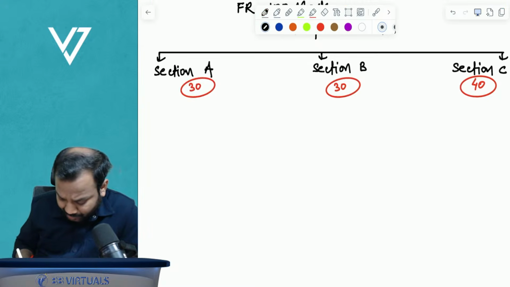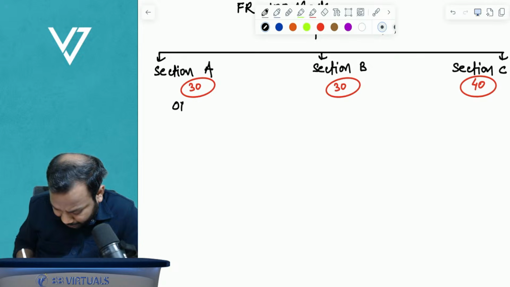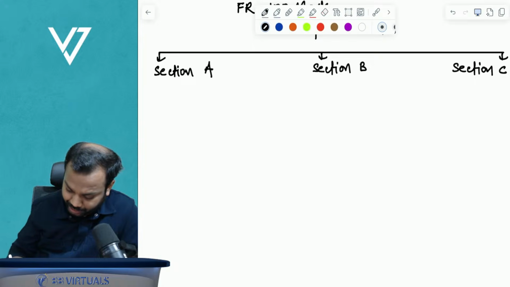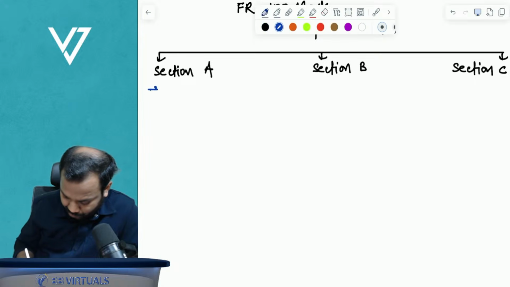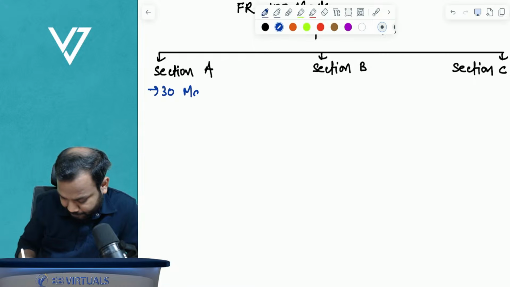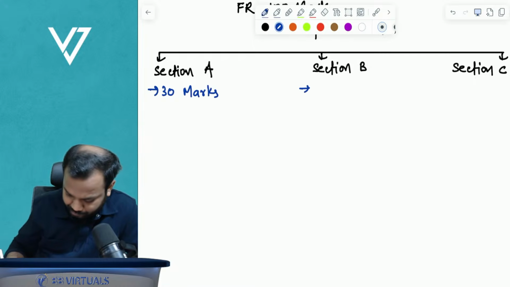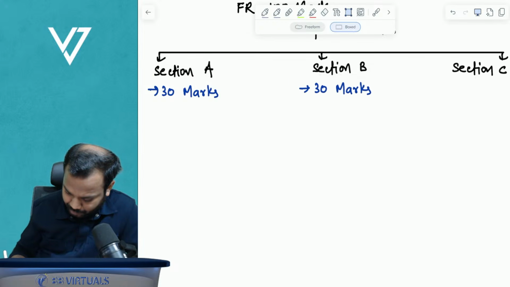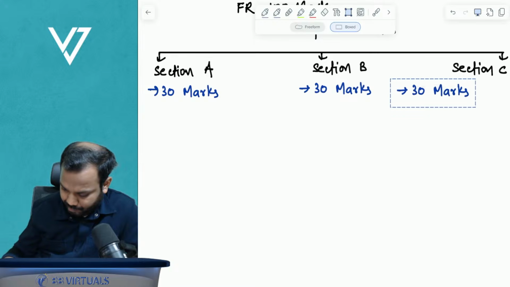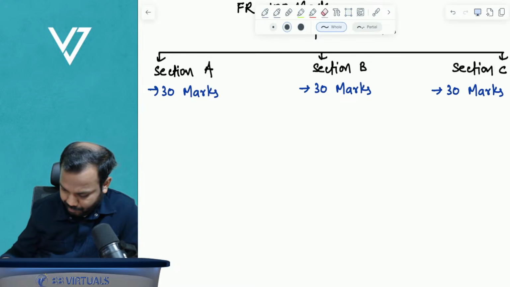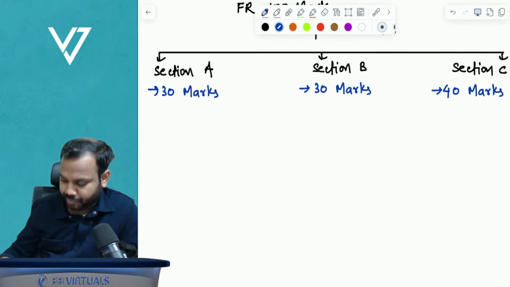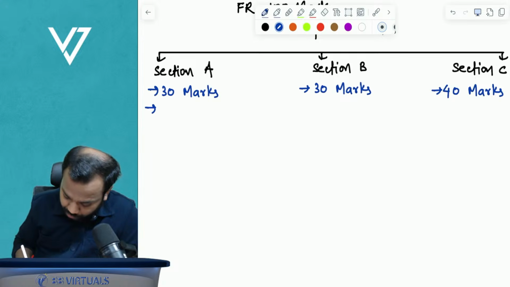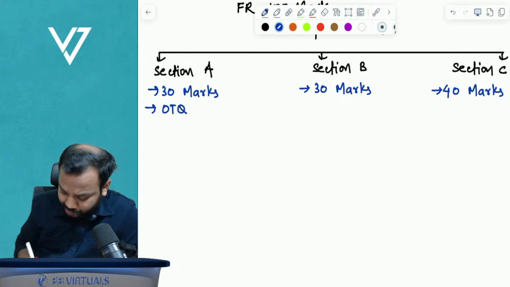Now understand, Section A is objective type questions. I'll write in pointers. 30 marks. This is objective type questions.